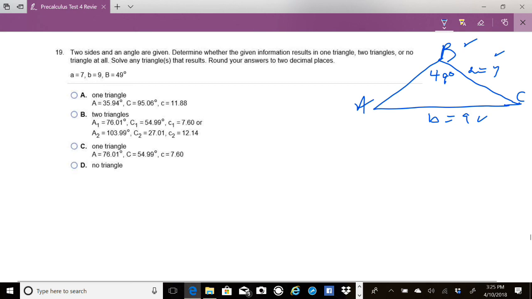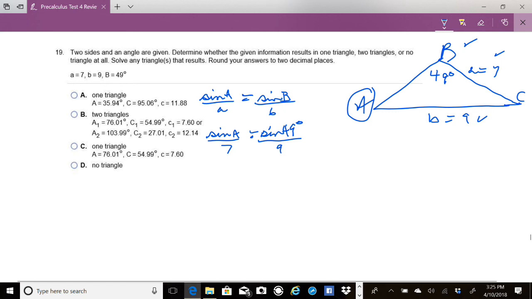So let's try to find angle A. And we would use the law of sines that says sine of A over A equals sine of B over B. So sine of A over 7 equals sine of B, which is sine of 49 degrees, divided by B, which is 9.